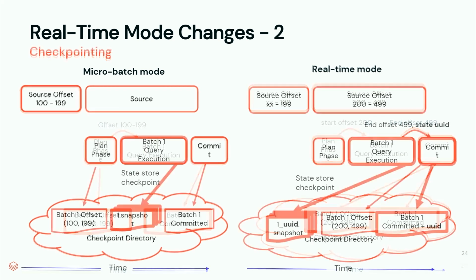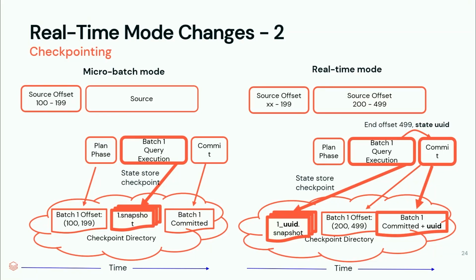But this approach creates a problem, because previously a batch was idempotent. No matter how many times you restart it, it will process the same amount of data, so the state store checkpoint was idempotent. Right now, in the real-time mode approach, the state store checkpoint is not idempotent anymore. In order to resolve the problem, we create a new way to do state store checkpointing.